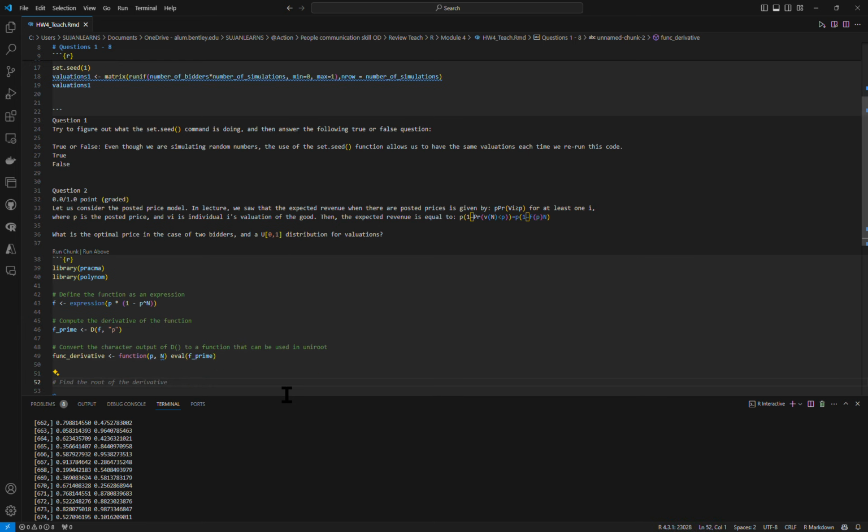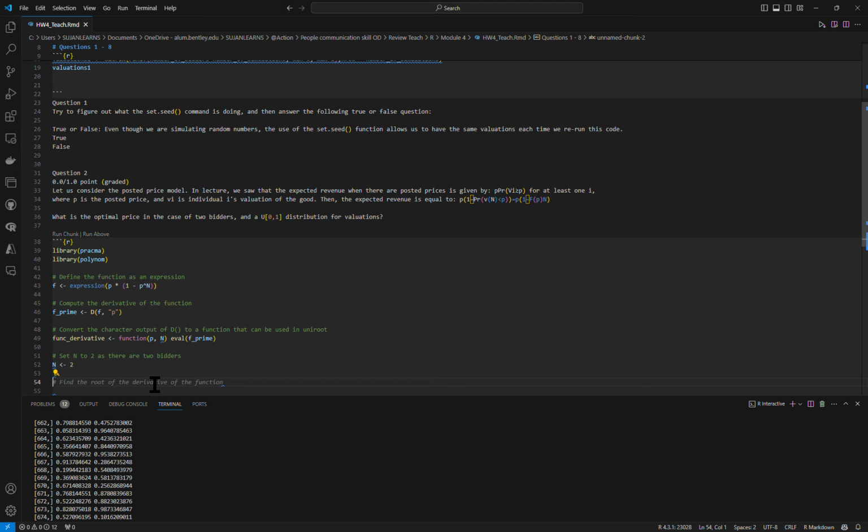Now we'll set n equal to 2, that's the number of bidders. Now what we need to do is take the root of this. That is, we need to solve this for p, and it's done by using the uniroot function. It should be like this.